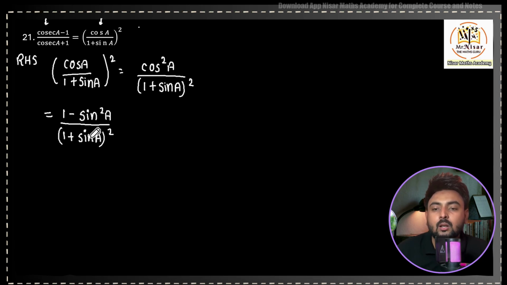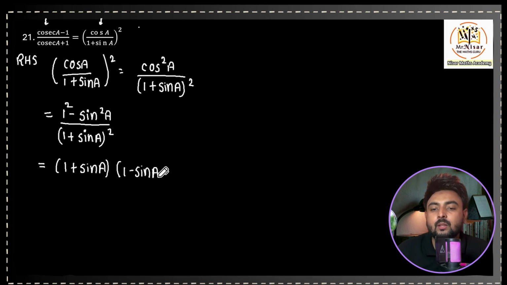Before converting it in terms of cosec, here I can say this is a square minus b square. 1 means 1 square, it is a square minus b square. So it becomes (1 plus sin A) into (1 minus sin A) upon (1 plus sin A) whole square.